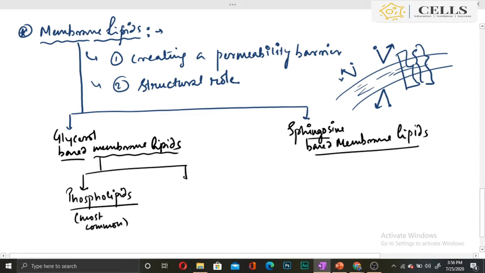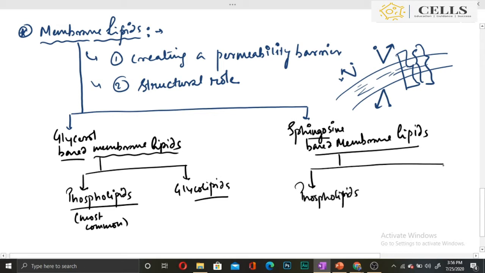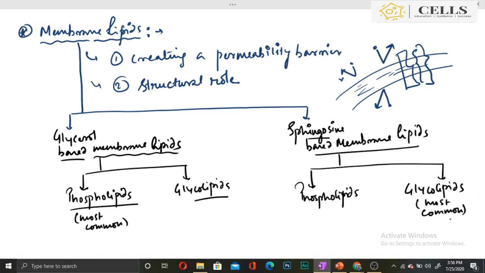And there are also some glycerol based glycolipids, very less in amount, but there are. There are sphingosine based phospholipids, and there are sphingosine based glycolipids, and this is also most common. Okay, so everybody noted down this chart.